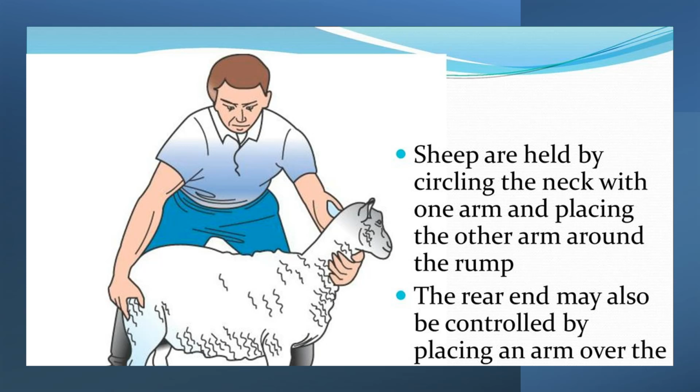The sheep can be easily restrained by holding the neck with one arm and placing the other arm around the rump region. The rear end may also be controlled by placing an arm over the neck.